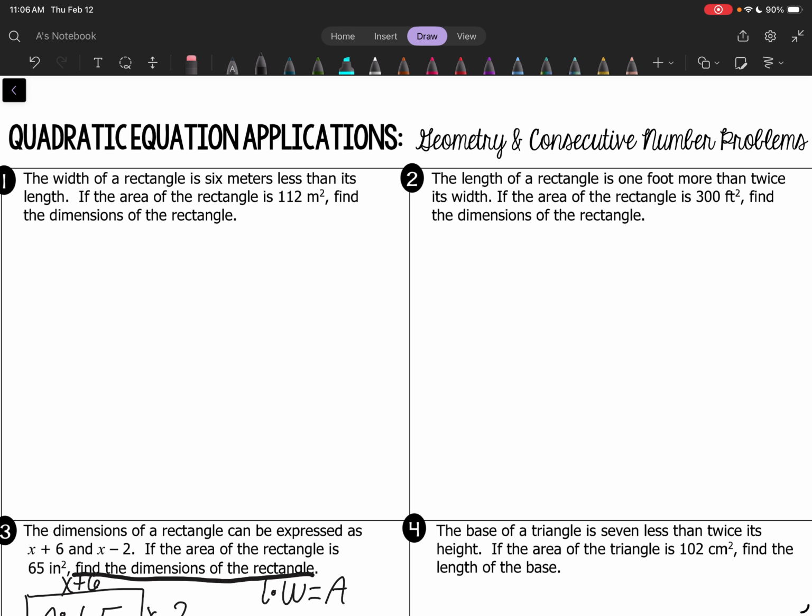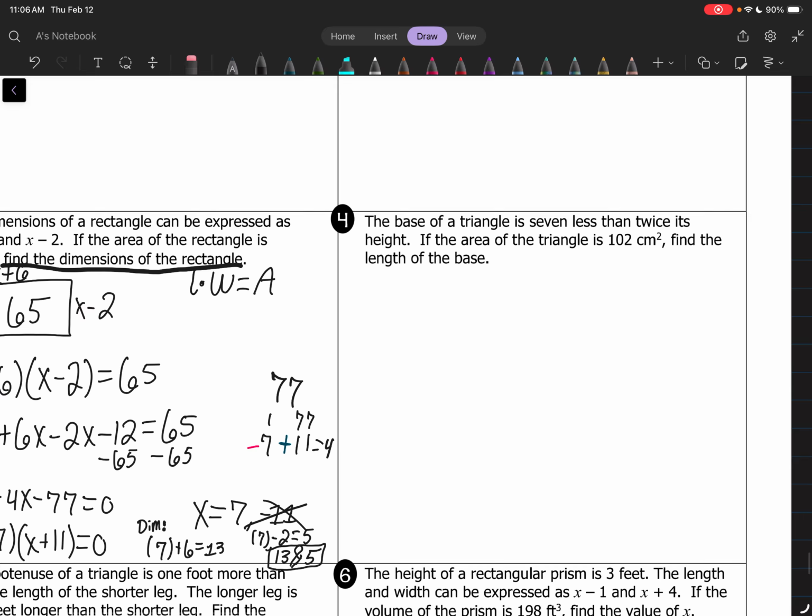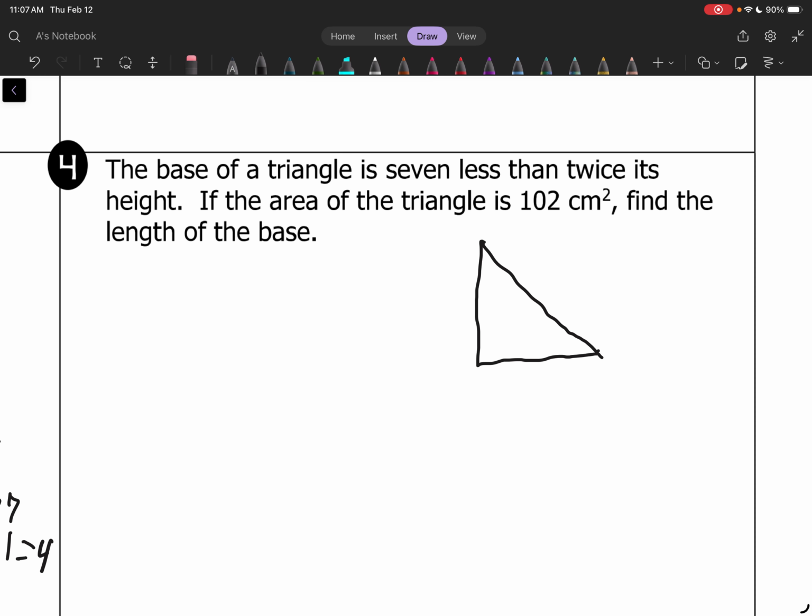I'm going to be looking at number 4. The base of a triangle is 7 less than twice the height. If the area is 102 centimeters, find the length of the base. I have a triangle. I don't know it's a right triangle, so I'm not putting the right angle marker.